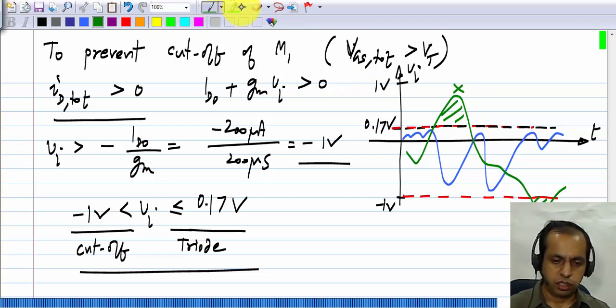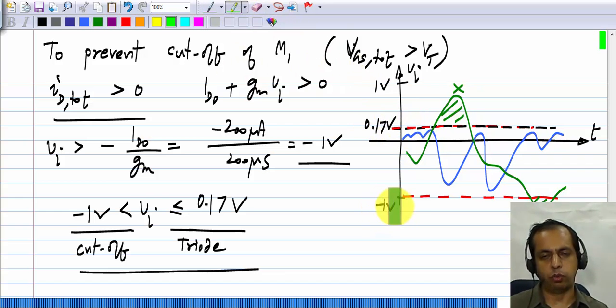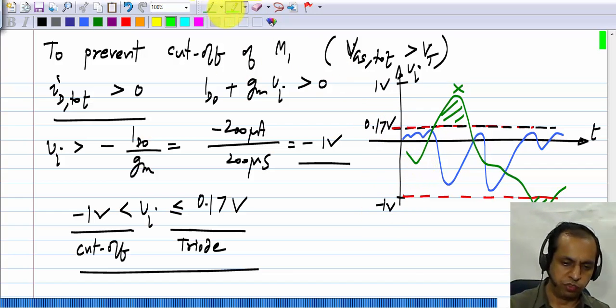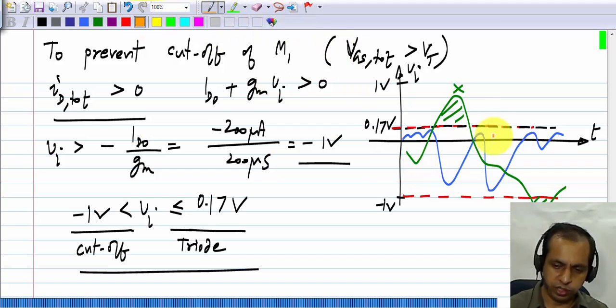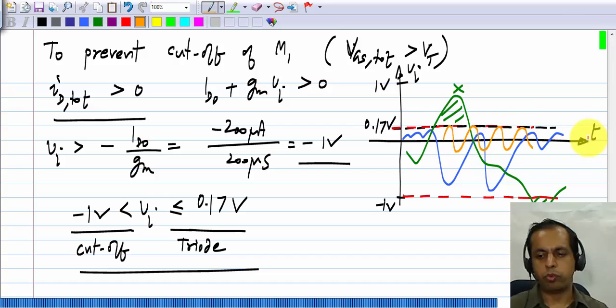So the smaller of these two limits, 0.7 and 1, will decide the amplitude. The only way to fit a sinusoid here is to have an amplitude that is 0.7 volts or below. So if you are interested in having symmetrical limits, which is mostly the case, you should adjust your swing limits so that you do have symmetry.